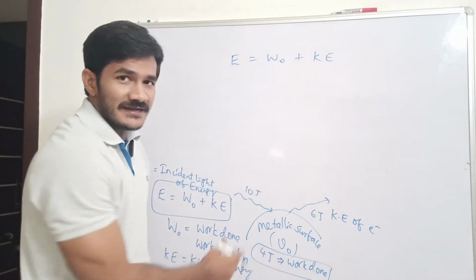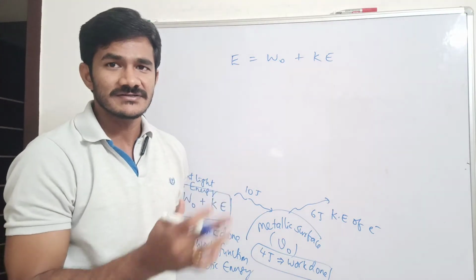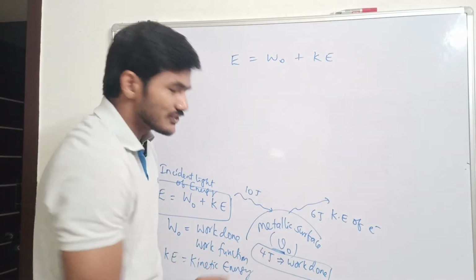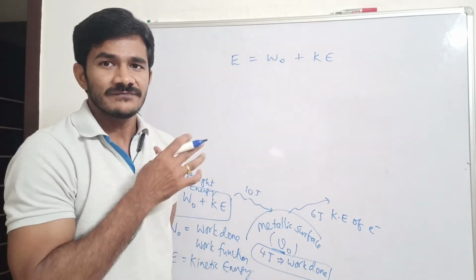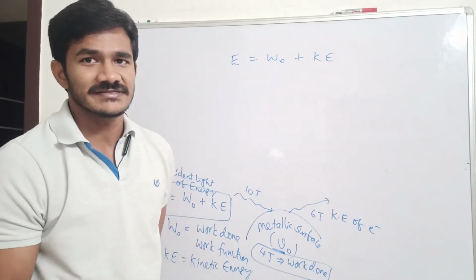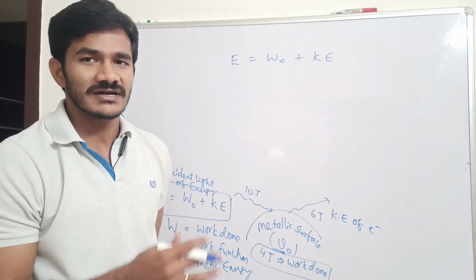So when will work be done? I already told you. When work is done between the nucleus and electrons, every metal has a characteristic frequency called the threshold frequency. If you supply a frequency more than the threshold frequency, then electrons are ejected. If you supply incident light of less than or equal to it, no electrons are ejected.